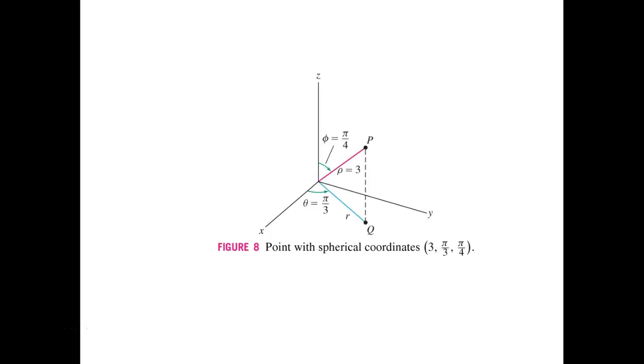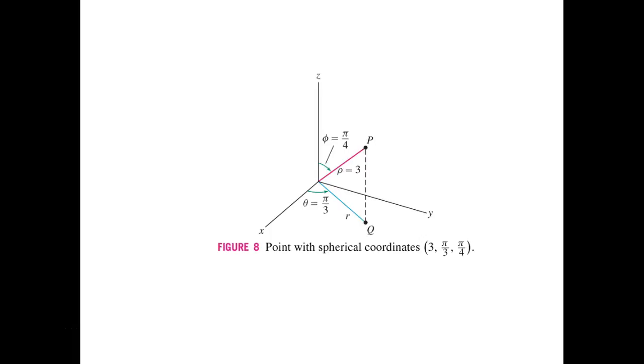Now this would then be your r, which is not spherical. This would be a polar or cylindrical coordinate, and that would get you to that point Q. And then, so there's your theta. Your phi, on the other hand, is the last one, and that's what comes down from here. The sine of phi would be this r that you have here, and then you can get r.